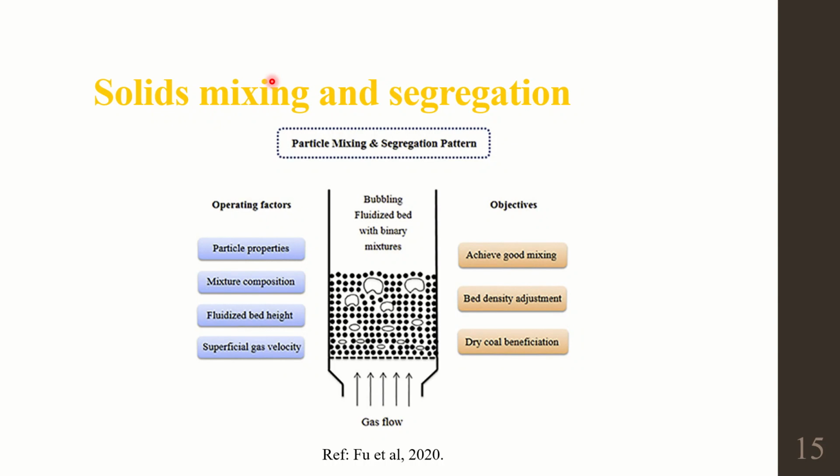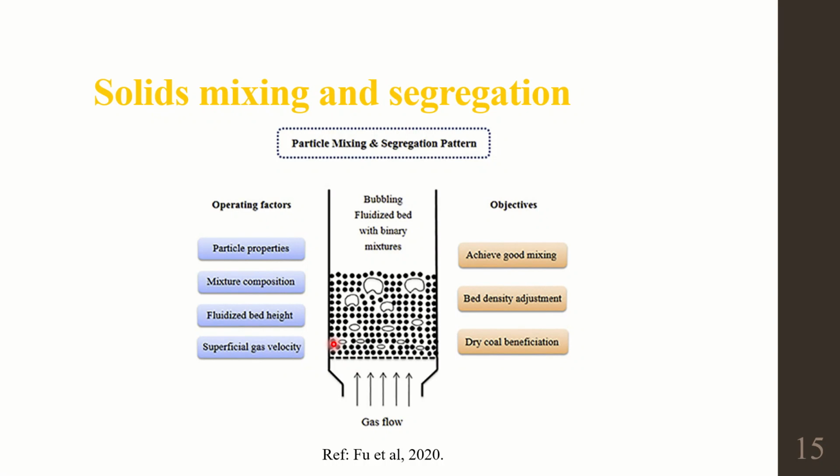Based on that, the particles may either go to the top of the bed or settle at the bottom of the bed. So based on these, we can have a completely mixed bed, a perfectly mixed bed, or a completely segregated bed, or a partially segregated bed, and everything depends on these only.